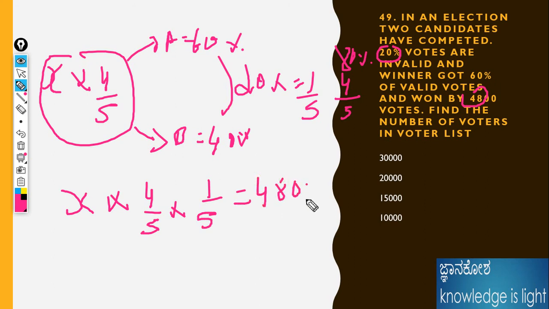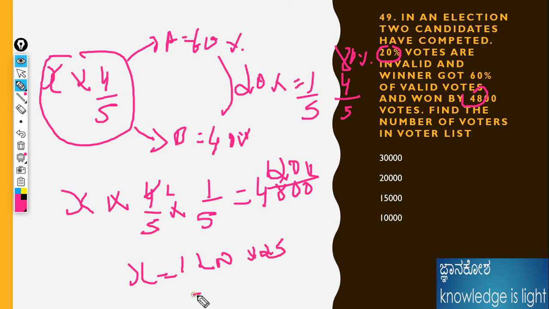Isn't that the easy one? 4 1 the 4, 12 the 4 to the 8, that is 1,200. If you multiply that 12,000 into 25, the answer will be 30,000.